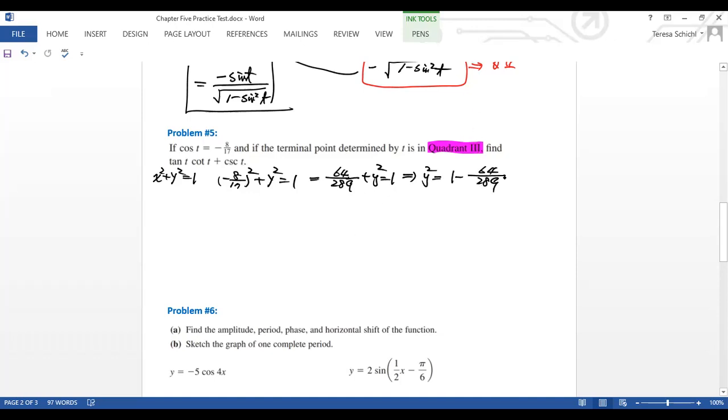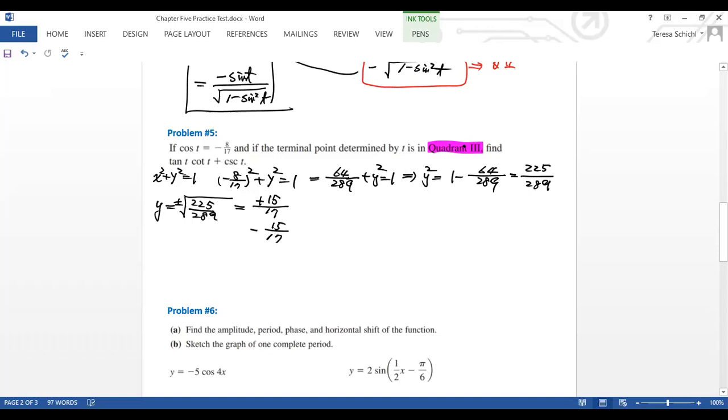So this is 225 over 289. Okay, now you take the square roots. So y could be plus or minus the square root of 225 over 289. The square root of 225 is 15, and the square root of 289 is 17, so it can be 15 over 17.